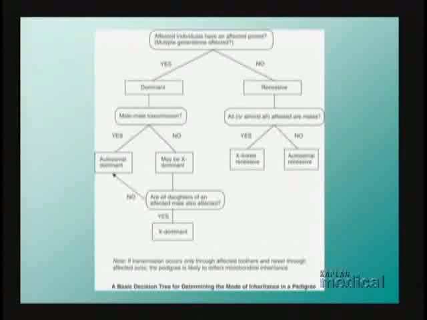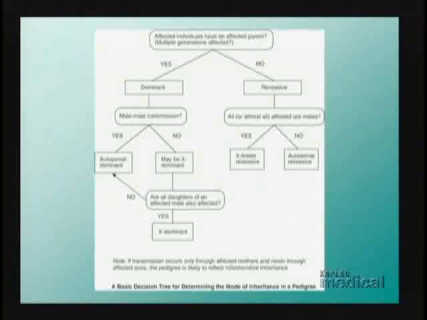If you look through this decision tree, what it will ask you at the top is, is the disease dominant or recessive? And if the disease is recessive, one of the ways we identified then whether the disease is X-linked or autosomal is by looking for male-to-male, father-to-son inheritance.